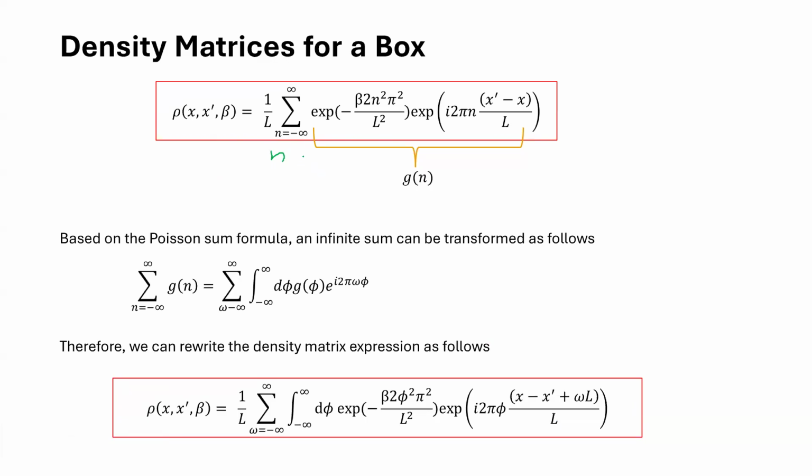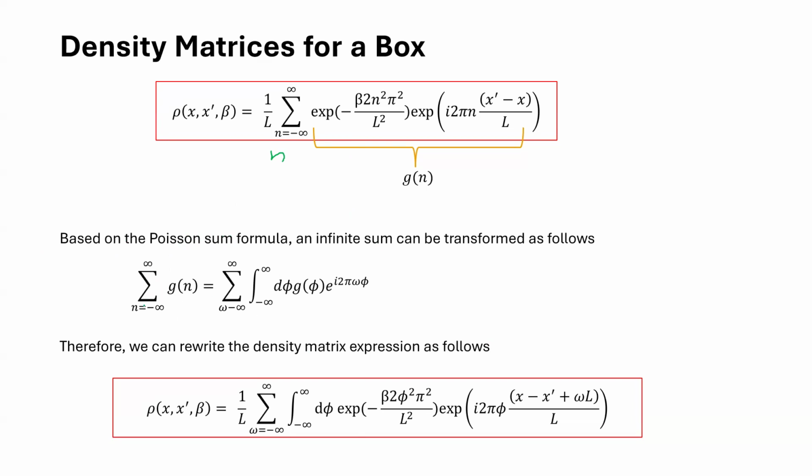However, we are now going to rewrite this expression based on the winding numbers. So let's see what that is. This equation gives you the Poisson sum.